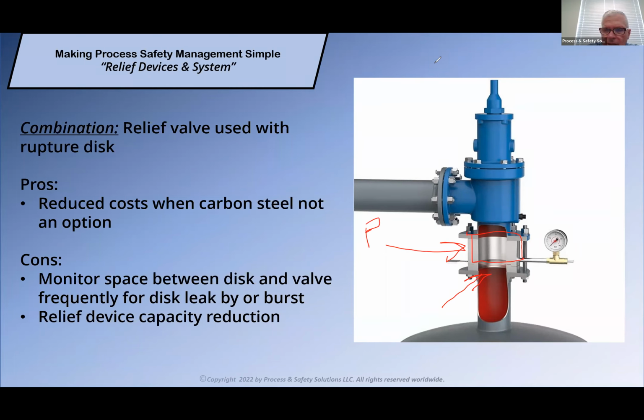So now essentially you have pressure pushing down on this device and you have pressure pushing up. So essentially this disc may not work. If that leak is small enough, that disc may never lift, and therefore you would have no protection for your vessel at all. So you must monitor the pressure in that annulus between the rupture disc and the relief device.